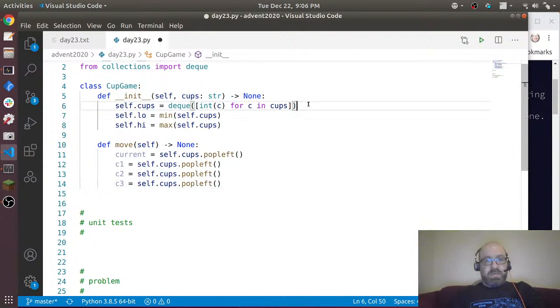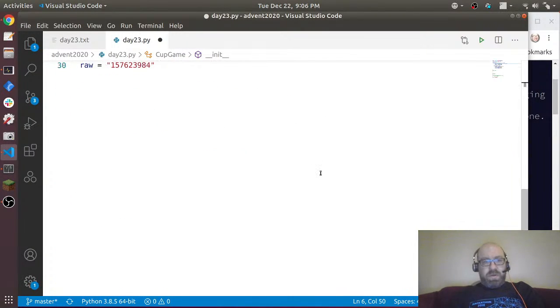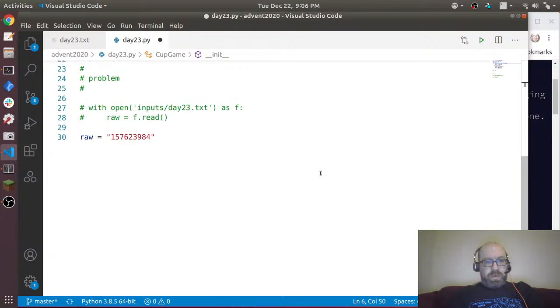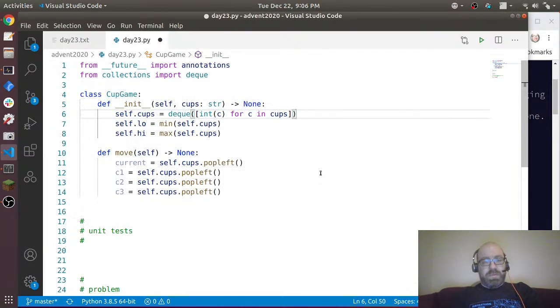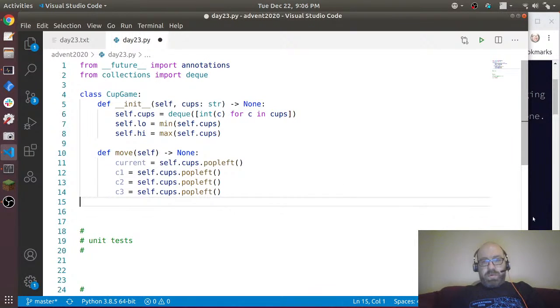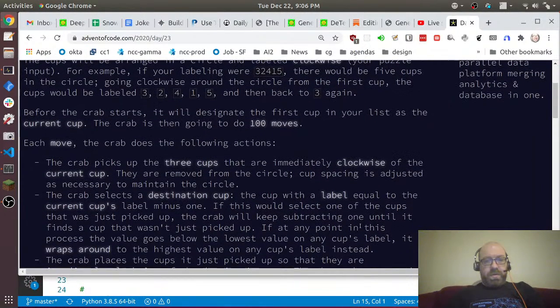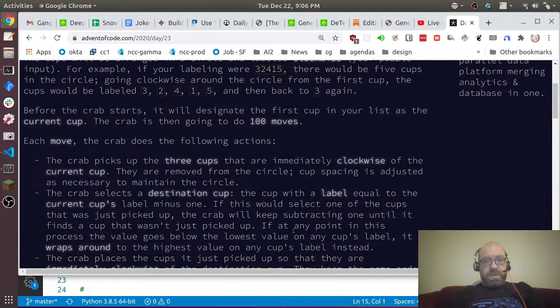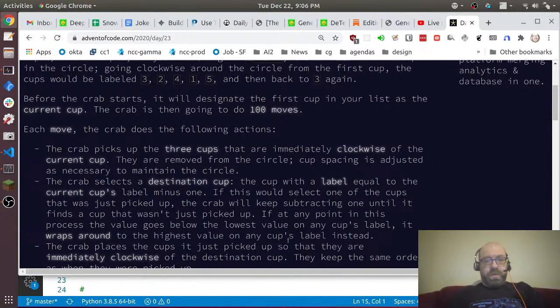And 1, 2, 3, 4, 5, 6, 7, 8, 9. So that's fine. So I pull off those 3 and choose a destination cup with a label equal to the current cup's label minus 1.